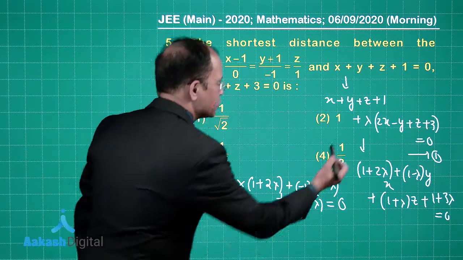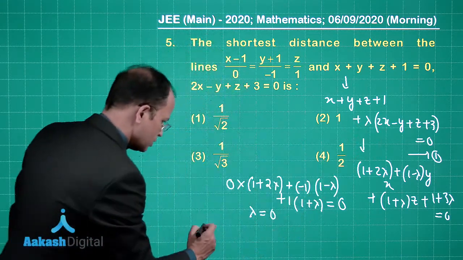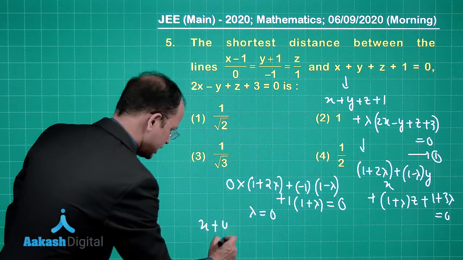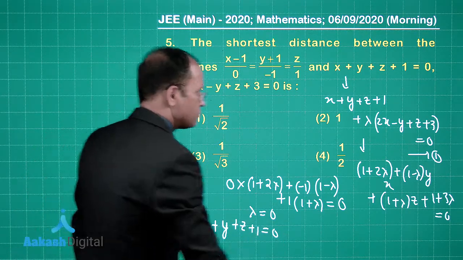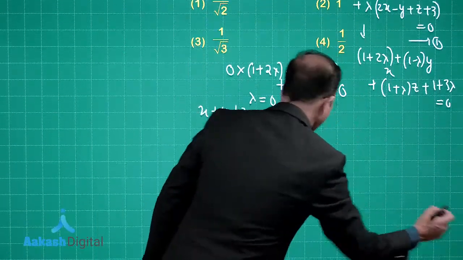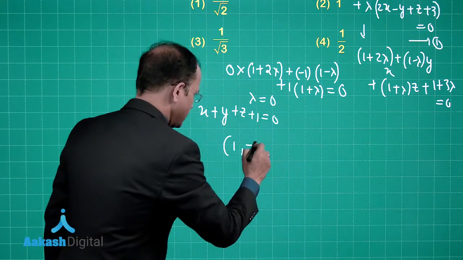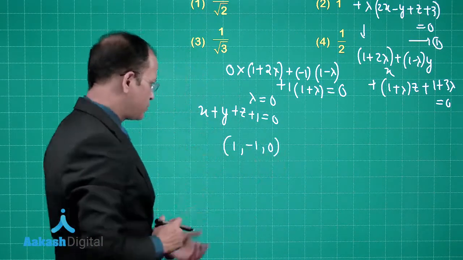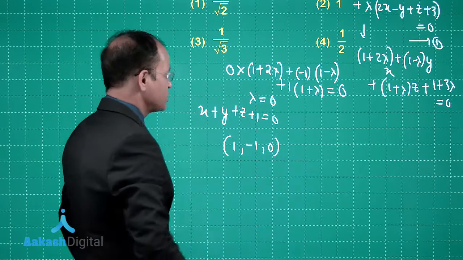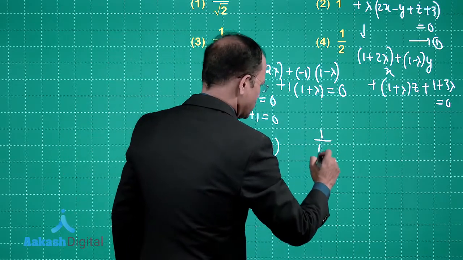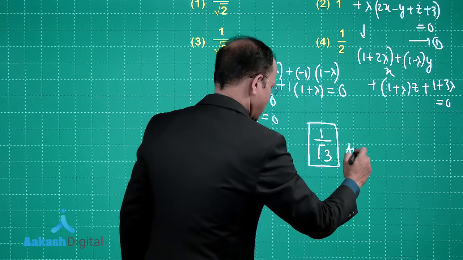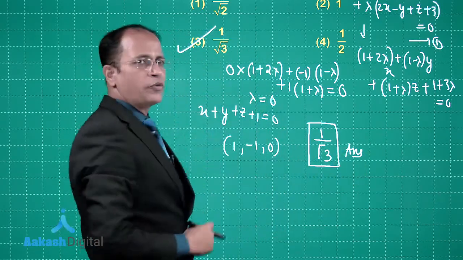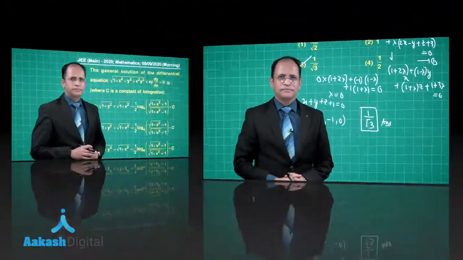So we put lambda is equal to 0 in equation 1, we get x plus y plus z plus 1 is equal to 0. So we have the point 1, minus 1, 0. The distance between this point and this plane is going to be 1 upon root 3. So this is the final answer. So we say that option number 3 is the correct one.